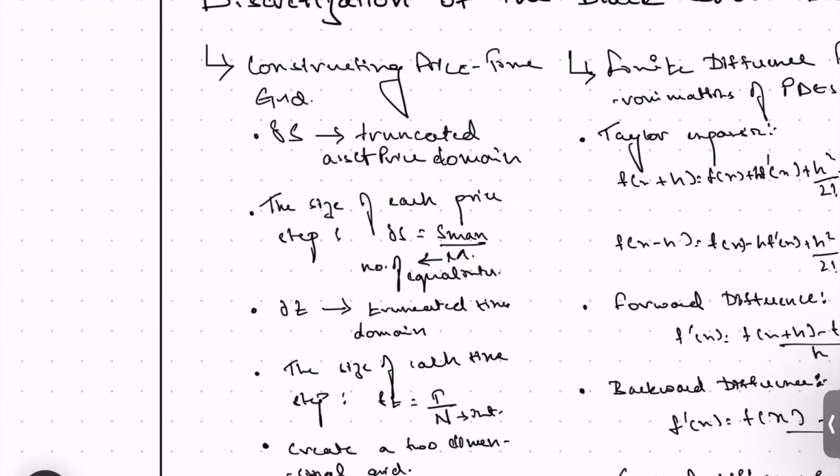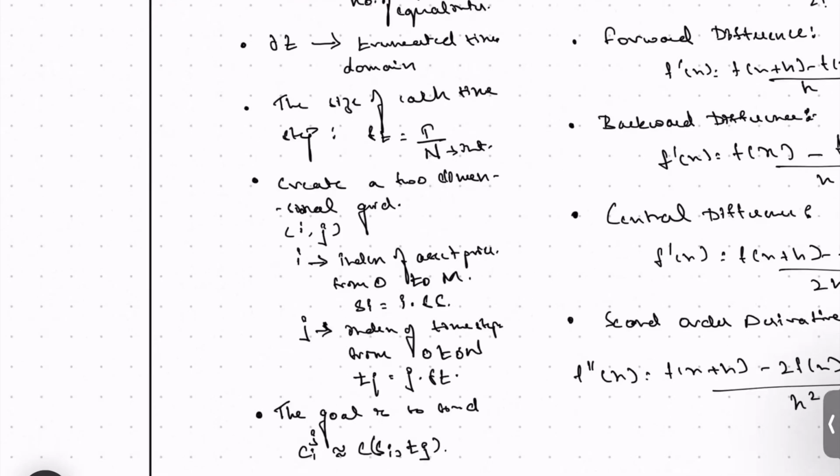This truncated domain is then divided into M equal intervals. The size of each price step, or spatial resolution, is therefore S max by M, which is equal to delta S. Now, the time to maturity domain is treated similarly by dividing it into N equal intervals. The size of each time step will be T by N, and this is equal to delta t. This process creates a two-dimensional grid or mesh of discrete points.